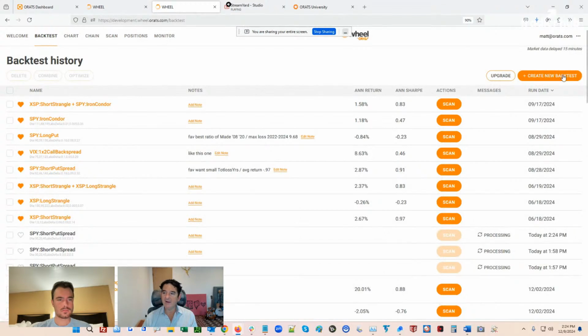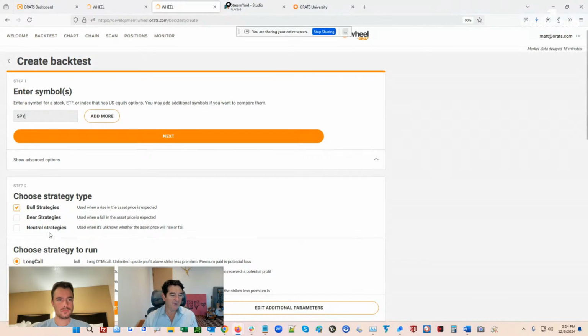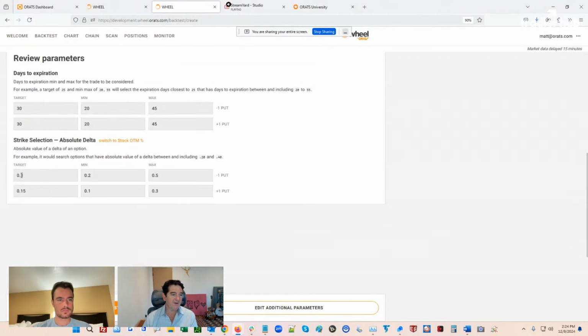You go to the backtest, you go create backtest, go SPY, and we'll do, like I said, just a standard short put spread. We'll just leave the 30 days, 30 delta, 15 deltas in there.